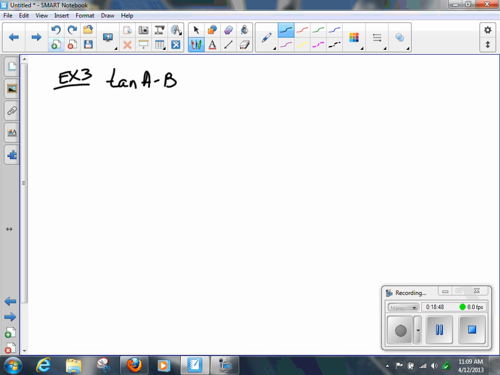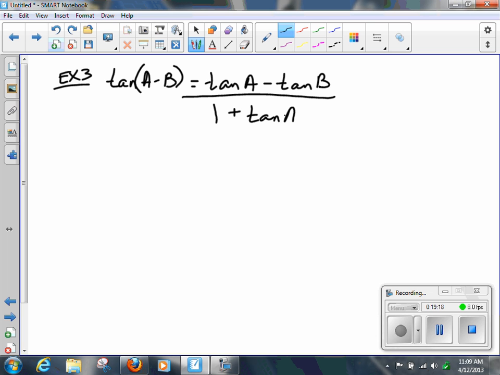All right, we got tangent of A minus B. Now, this is the one that's going to give you the biggest fit, just because this is where you're going to have to, or I'm going to go old school. Y'all can do your little fractions within a fraction. I'm not doing that. Go straight to your card. Tangent of A minus tangent of B over 1 plus tangent A, tangent B. Is that right?